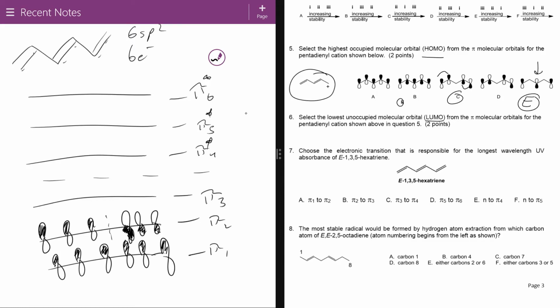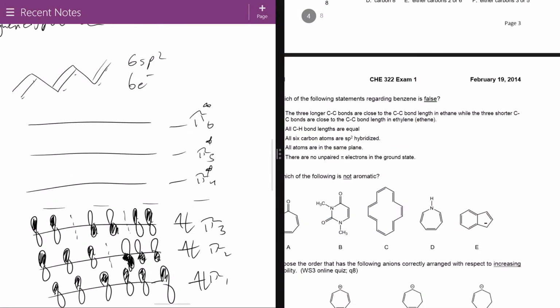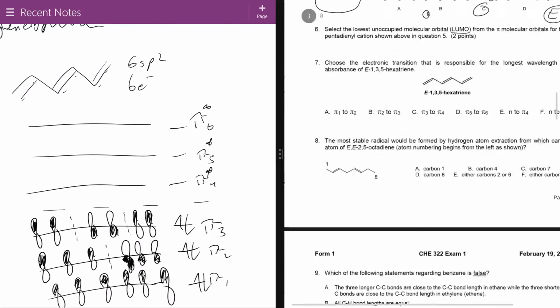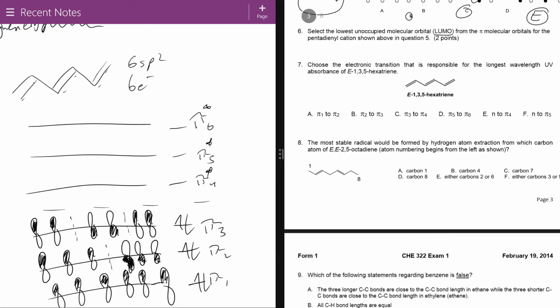Pi 3 will have 2 nodes. So filling in our electrons, we have 6 electrons. So I'm not going to bother drawing anything higher because we only have 6 electrons. I'll actually draw the next level in a second.